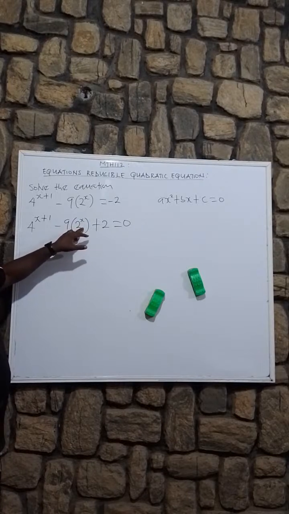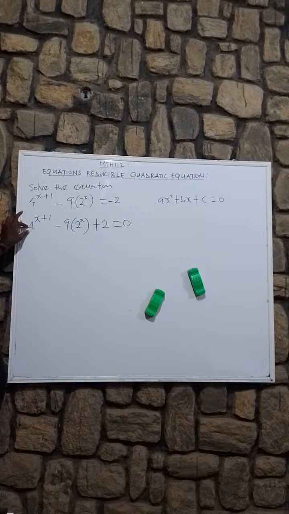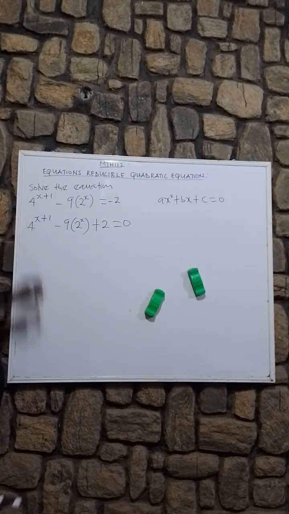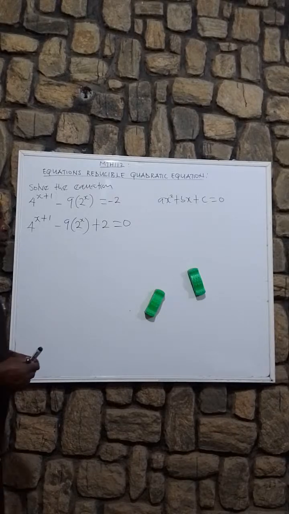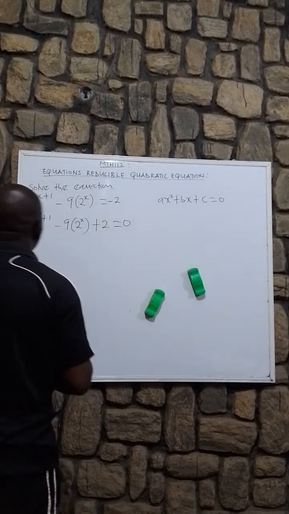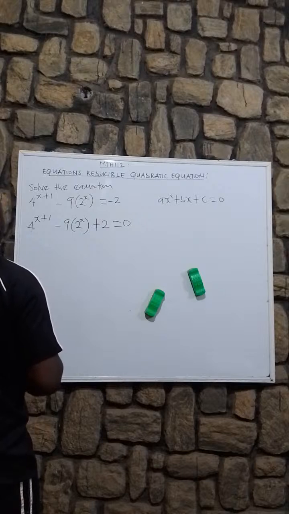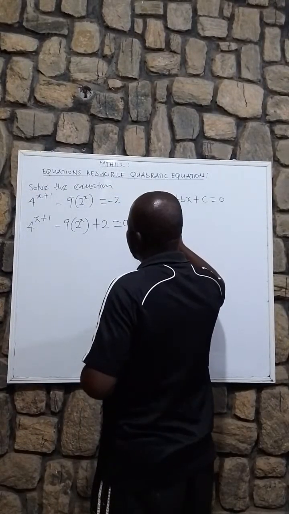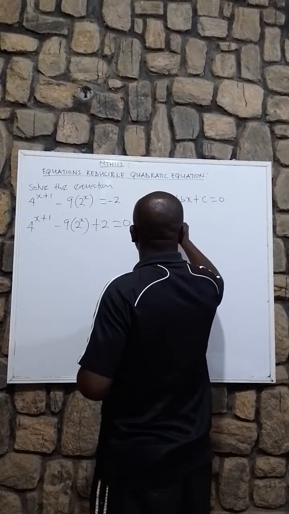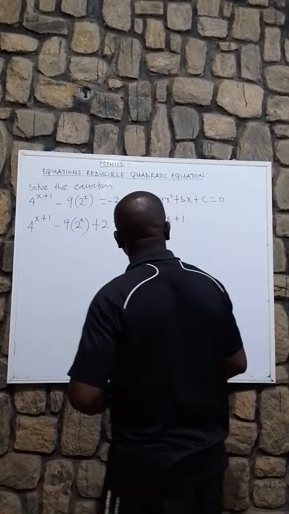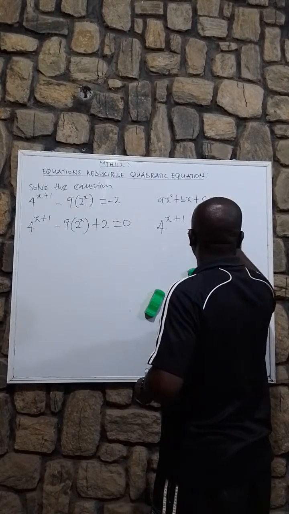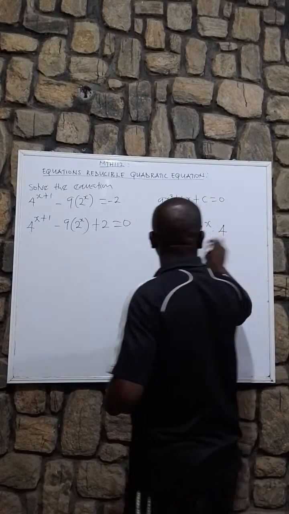So we have to reduce it to base 2 here. Is that clear? Don't be surprised. You know, in indices, if we have 4 raised to the power of x plus 1, this is the same as 4 raised to the power x times 4. True or false?